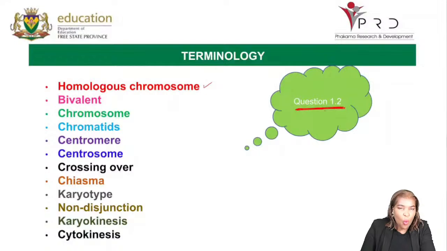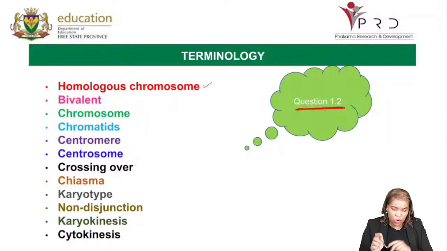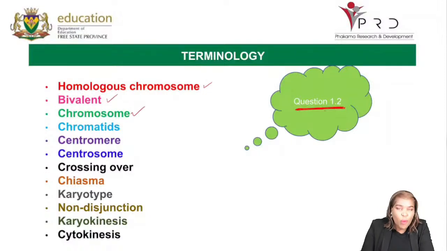Homologous chromosomes. What do they mean when they talk about homologous chromosomes? Bivalent. What is a bivalent? What is a chromosome itself? A full chromosome. What is a chromatid? What is a centromere? And I think as I'm talking about it, you are trying to picture these diagrams or this terminology where you use them.